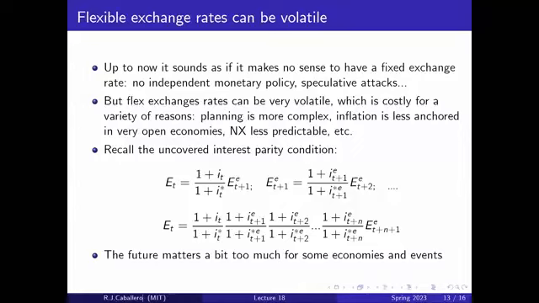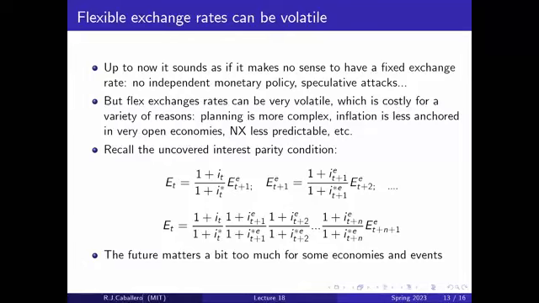So there, the deal seems pretty obvious that you don't want to have a fixed exchange rate. And I said, well, be careful, because flexible exchange rates are also not a panacea. You may get lots of volatility in the exchange rate, because the role of expectations is very important. Anyways, this looks complicated, but it's essentially what we did later on when we price equity and things like that. We use the same sort of iterated substitutions.